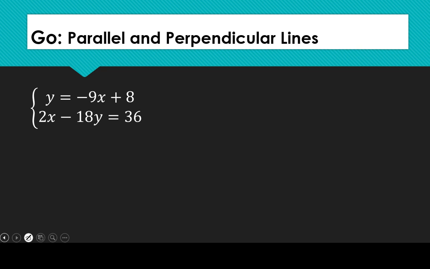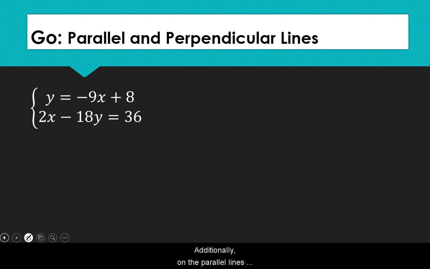Perpendicular lines have opposite reciprocal slopes, so their slopes are opposite signs, and their slopes are also the reciprocal of the other. So if we flip the fraction upside down, that's the reciprocal. And then intersecting lines just have different slopes.